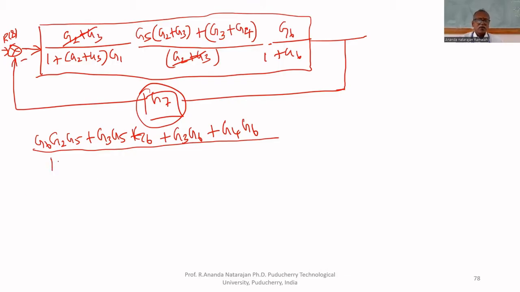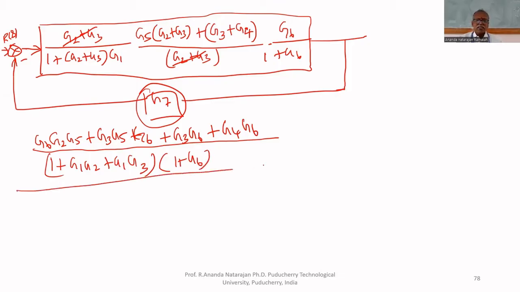Then in the denominator, what you will have? 1 plus G1, G2 plus G1, G3 multiplied by 1 plus G6. So I am applying the 7th rule. That's why 1 plus, negative feedback. Here negative feedback.